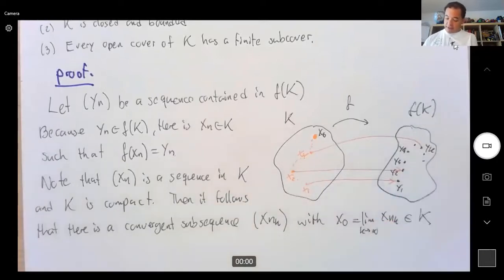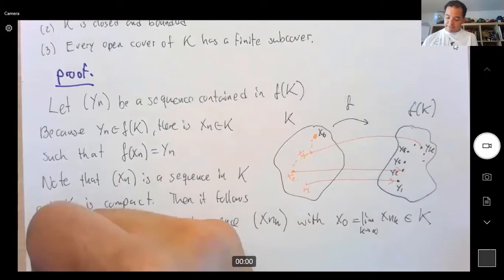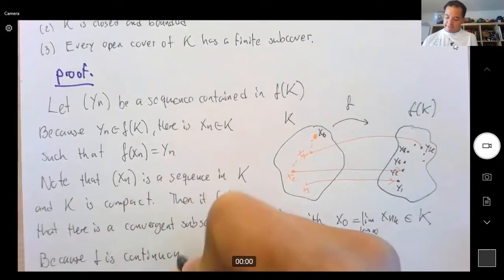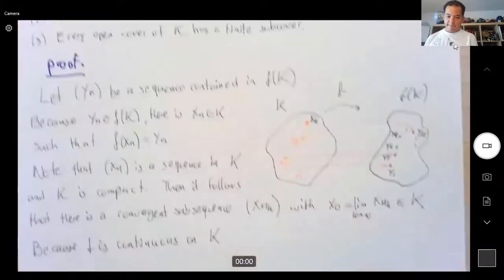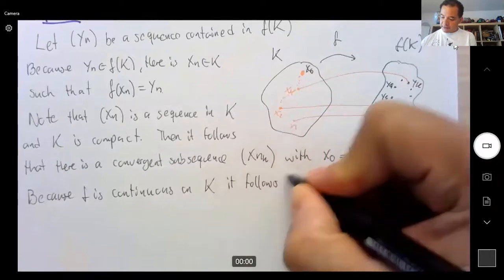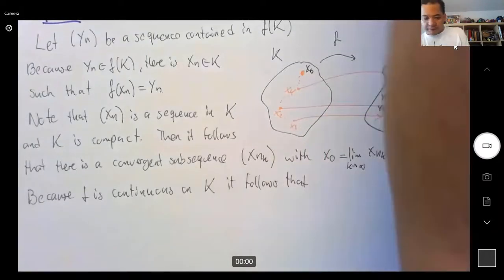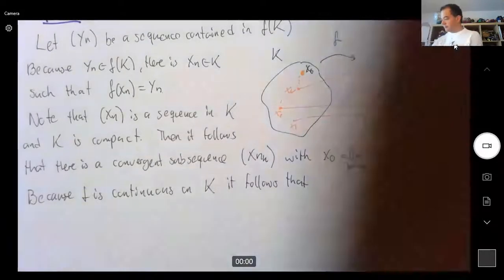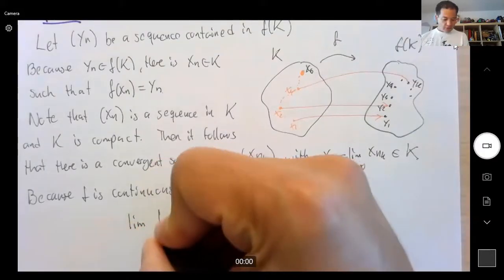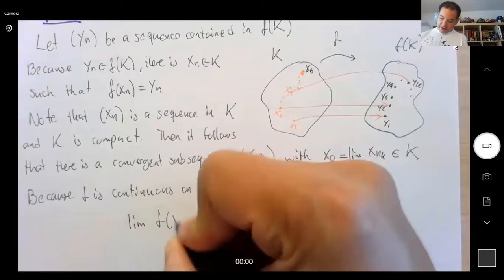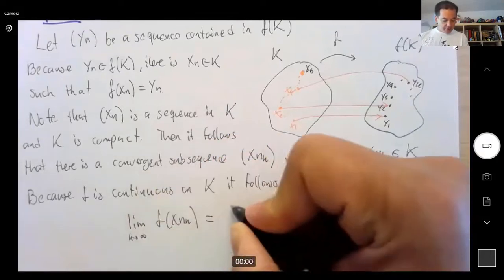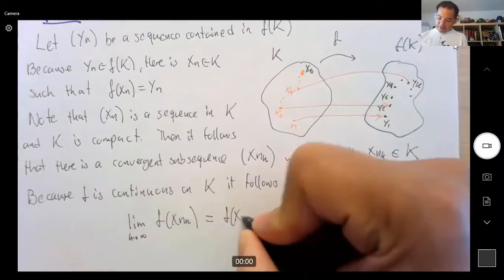So because f is continuous on K, it follows that if we do the limit of f of x_{n_k}, when k goes to infinity, well, that's going to be f of x0.